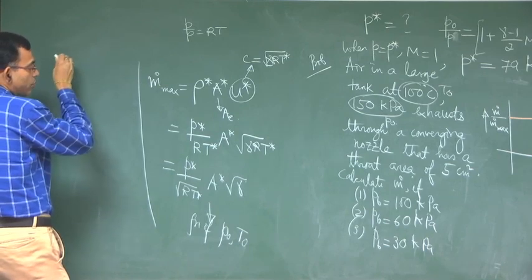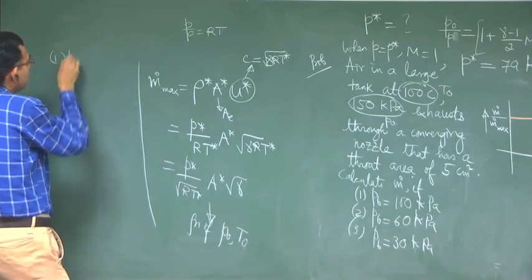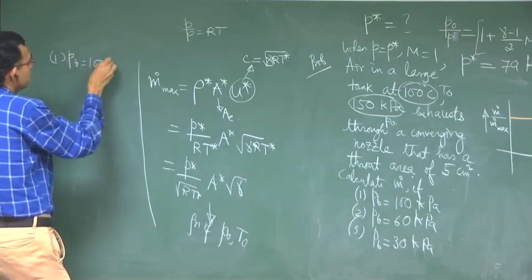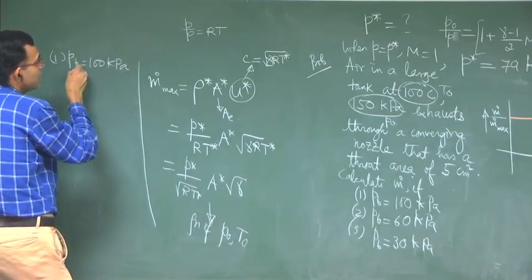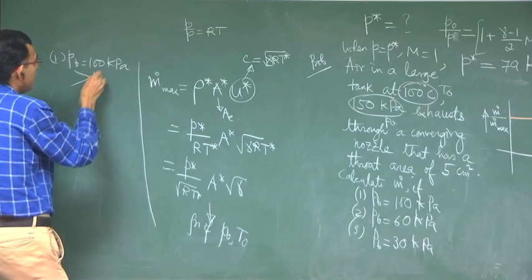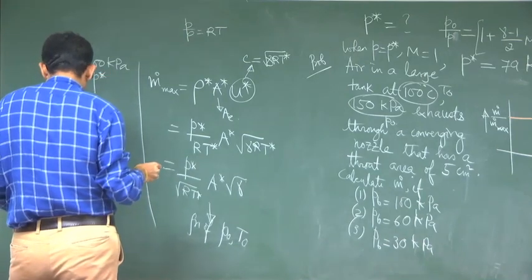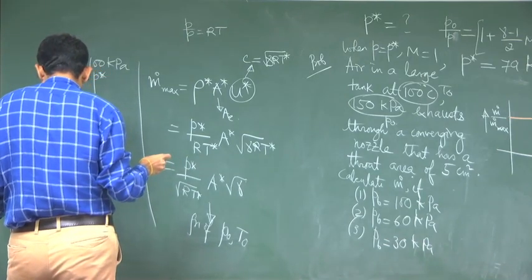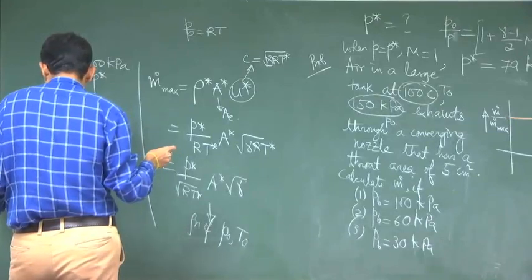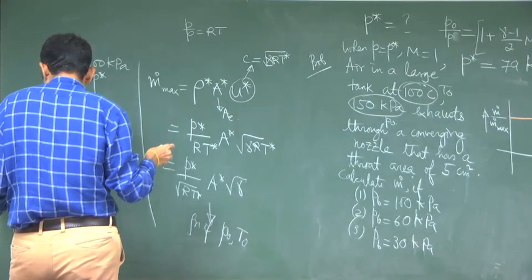So, when you have Pb equal to 100 kilopascal, this is greater than P star, which in this case is 79 kilopascal.